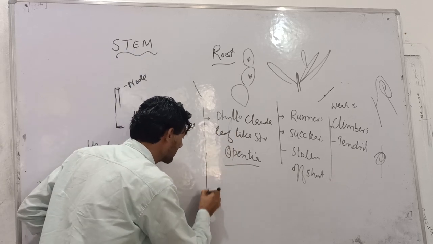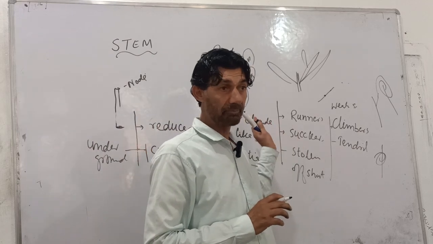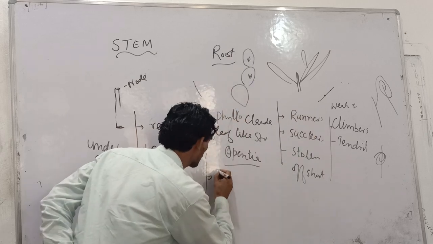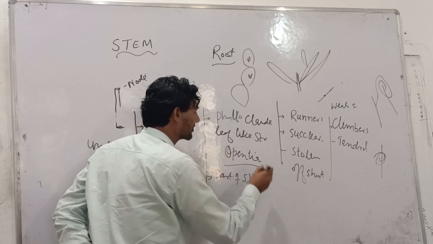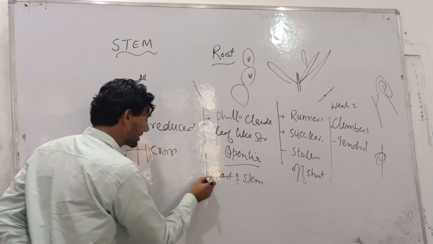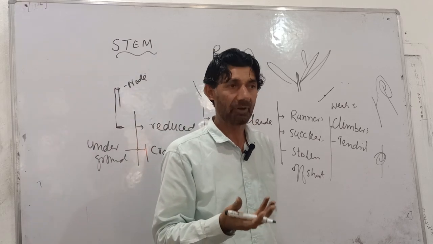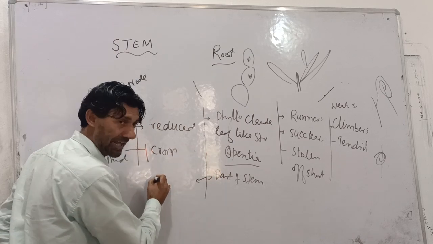In hylocclad, the whole stem gets modified into a leaf-like structure. Sometimes only a certain part of the stem, with one or two nodes, gets modified into a leaf-like structure.